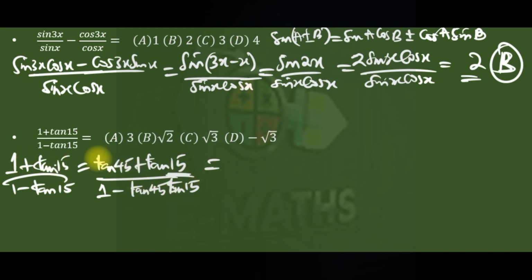This is 1, which is tan 45, correct? This is tan 15. 1 minus, the coefficient here is 1, so I can write it as tan 45. Nothing has spoiled. So using our addition formula for tan, you see that this is just tan of 45 plus 15, which is tan 60. Please revise my addition formula like this.